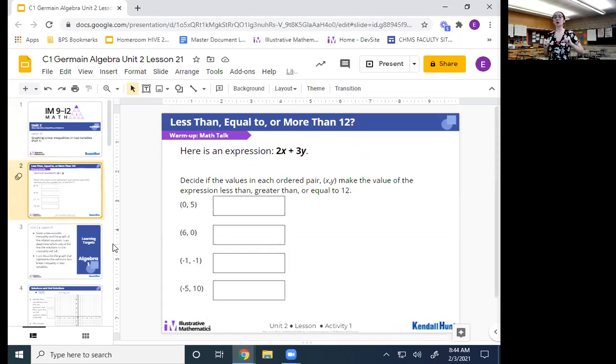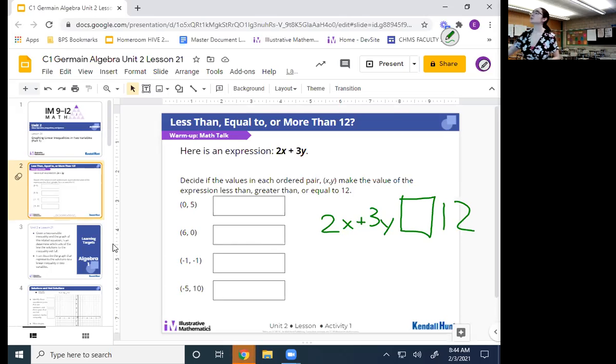So basically what we're doing with each one of these ordered pairs is taking it into 2x plus 3y and comparing it to the number 12. I'm going to put a little box here because for each one of these, you're going to have to tell me which symbol would go there when you plug that ordered pair in. Do you guys see what I'm asking you to do here?